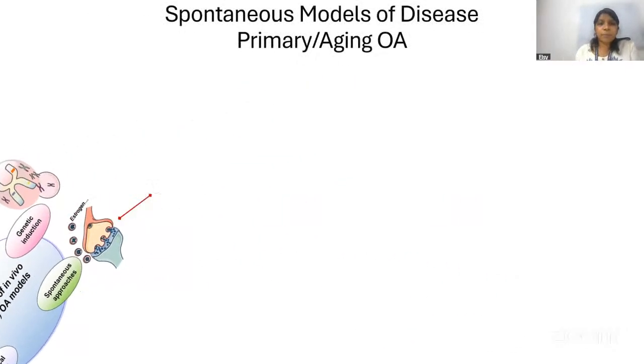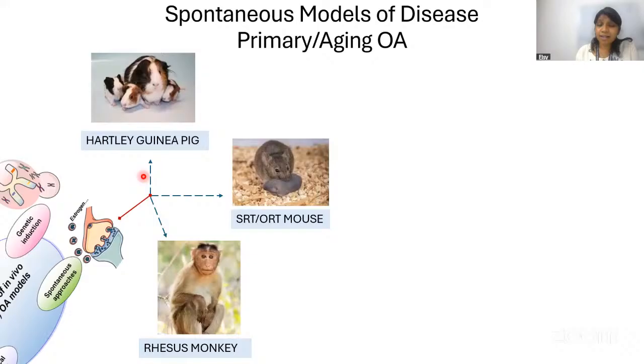So coming to spontaneous models of the disease, primary OA with aging, the common animal models used are the Hartley guinea pig models. This is what is commonly used even in PGI Chandigarh. Dr. Sandeep Patel has talked about this model quite often. Then the STR as well as the ORT mouse, as well as the rhesus monkey.